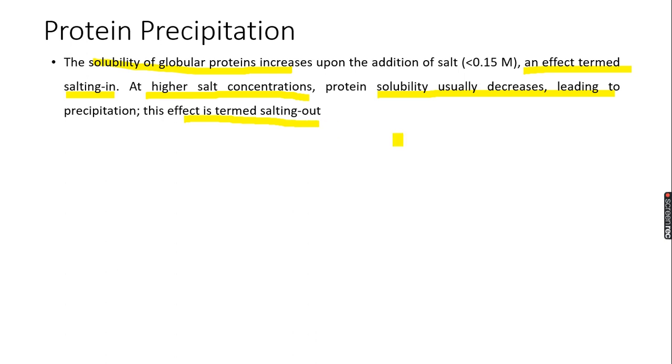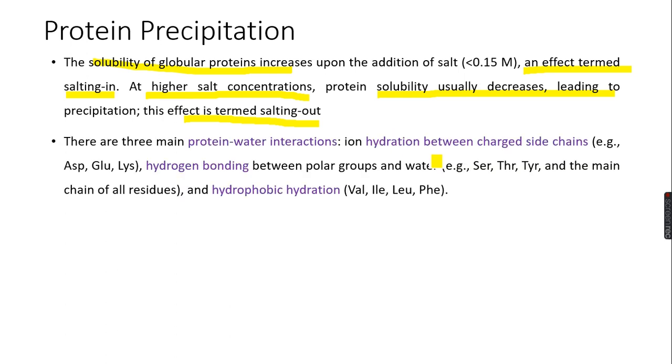Most of the protein precipitation, as we do at lab scale or industrial scale, will be salting out. And how is the interaction happening? The interaction can be disrupted depending on what methodology you want to adopt. There can be three different interactions.